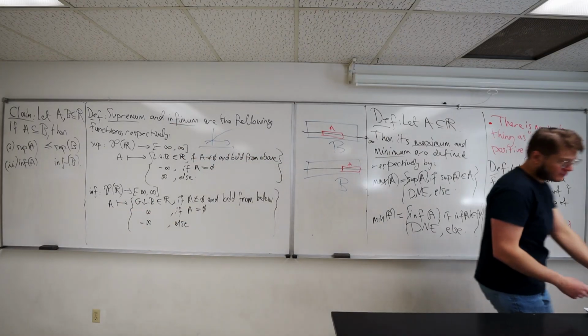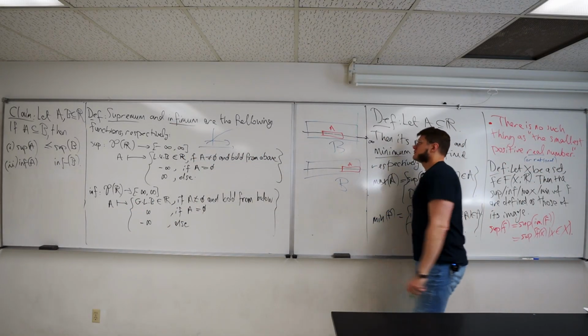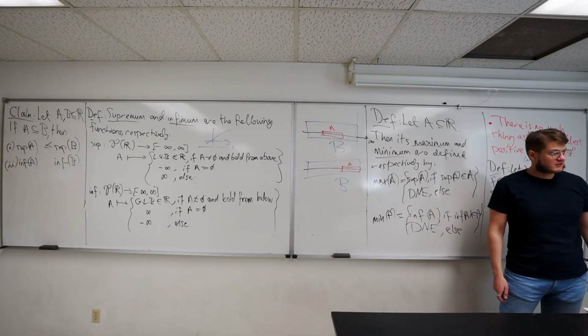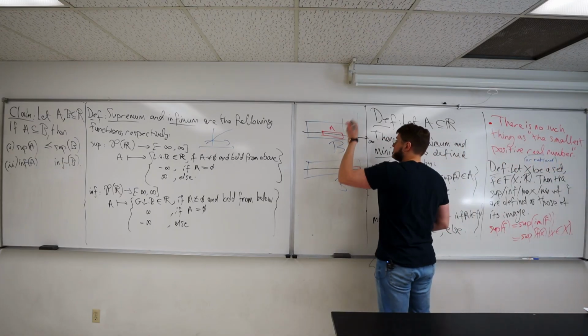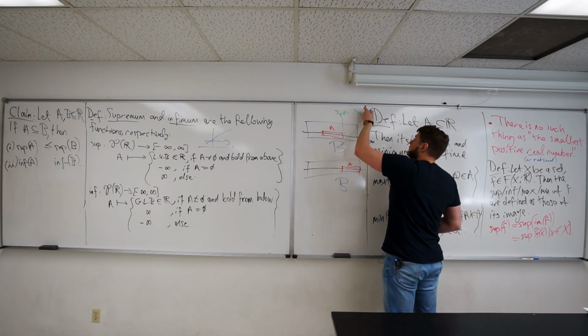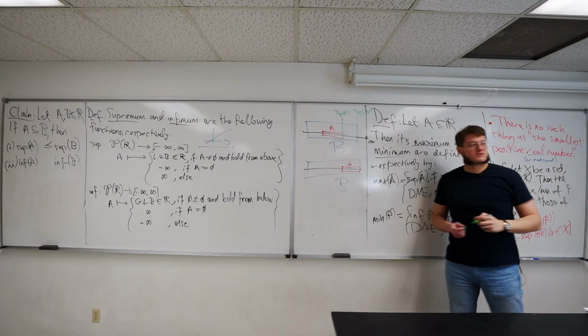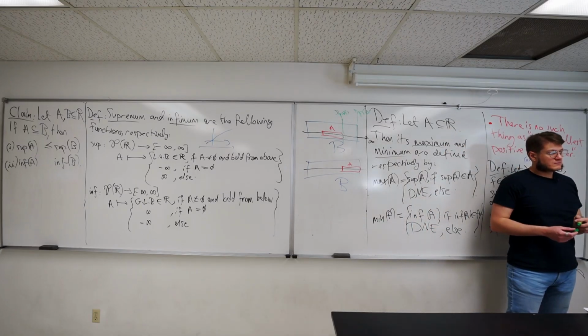What I should perhaps say is that this would be the sup of B in this picture, and this would be the sup of A. That is a particular value, a number, yes.